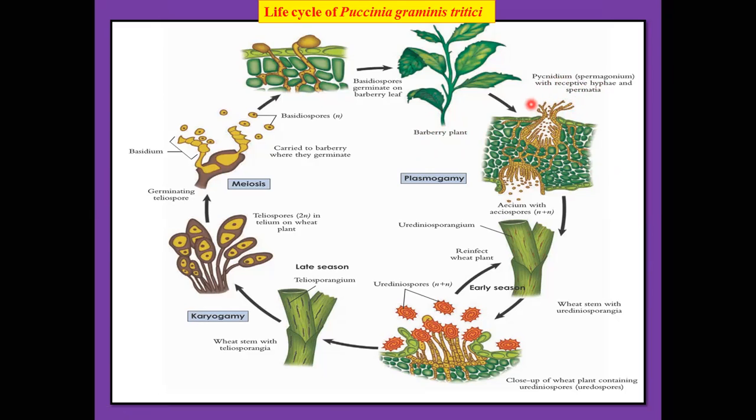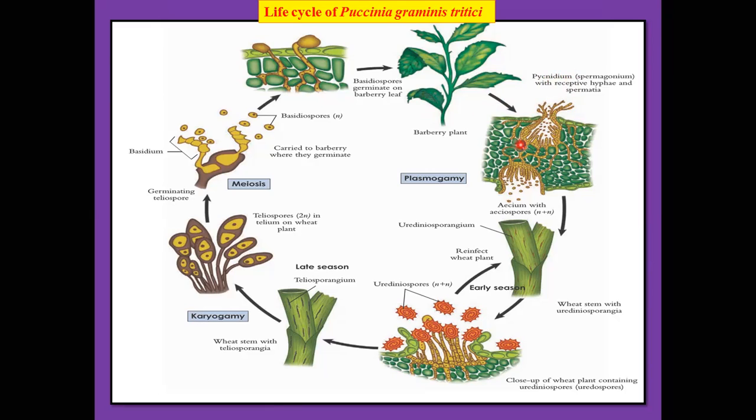Means on the leaf of the barberry plant, male spermatia and receptive hyphae generally fuse with each other to produce the pycnidiospores within these pycnidium fruiting bodies. Means after a few hours, this pycnidium fruiting body is generally produced on the upper side of the barberry leaf.